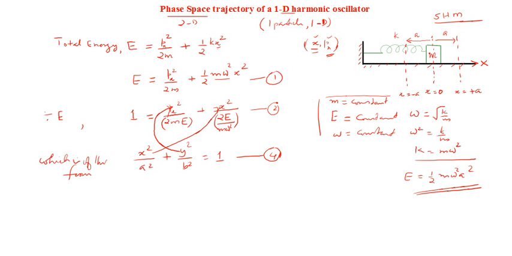I'm rewriting this equation as x square by root of 2E by m omega square, whole square, plus px square by root of 2mE, the whole square, equal to 1. So that is the equation.